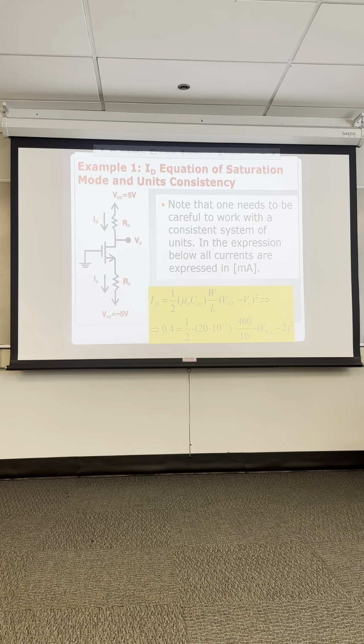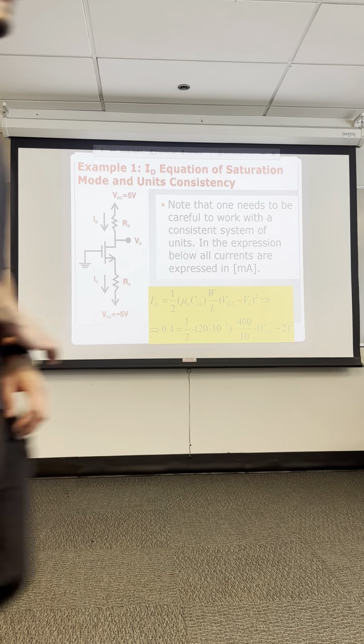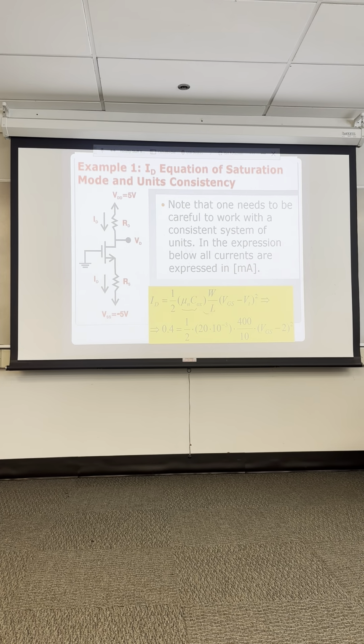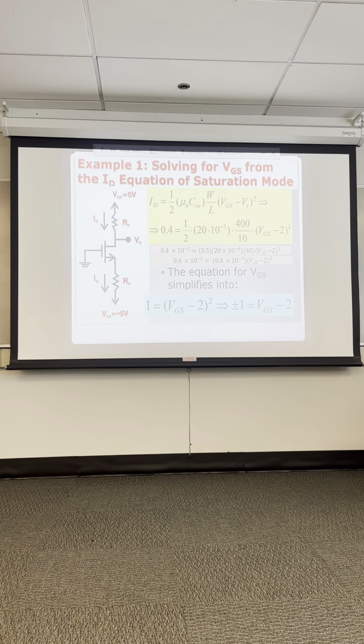And the note here is just noting that the currents here are in milliamps, even though you don't always show the milliamp scale. Advise to always use the full exponents rather than try to take the shortcut. Some of these are taking the shortcut, but they're not leaving the real exponents here. So in this equation, we have mu_n C_ox, we have W over L, and one more step at the top here.